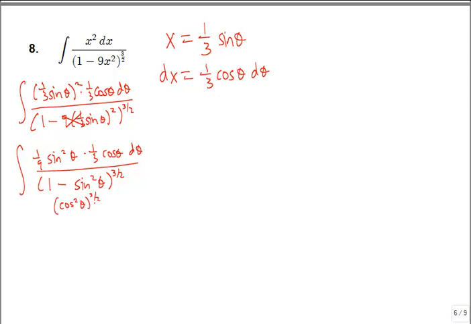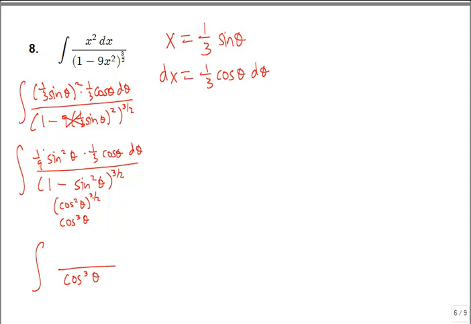So what is cosine squared theta raised to the 3/2? This is a power to a power. So you multiply. 2 times 3/2 is just 3. So this is actually going to become cosine cubed theta. That's your denominator after you simplify everything.